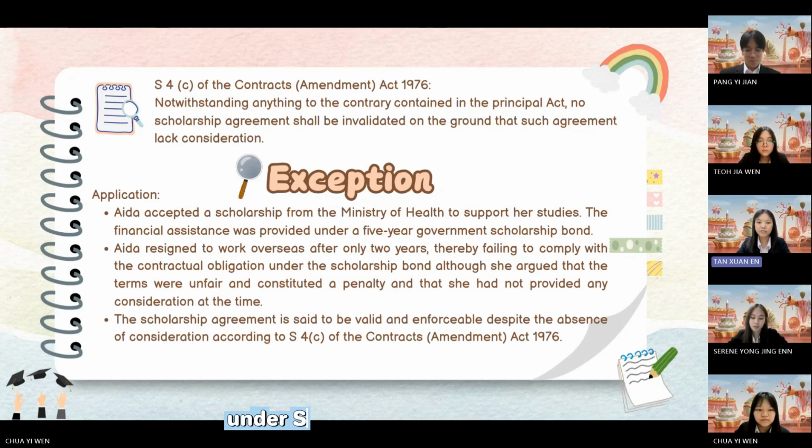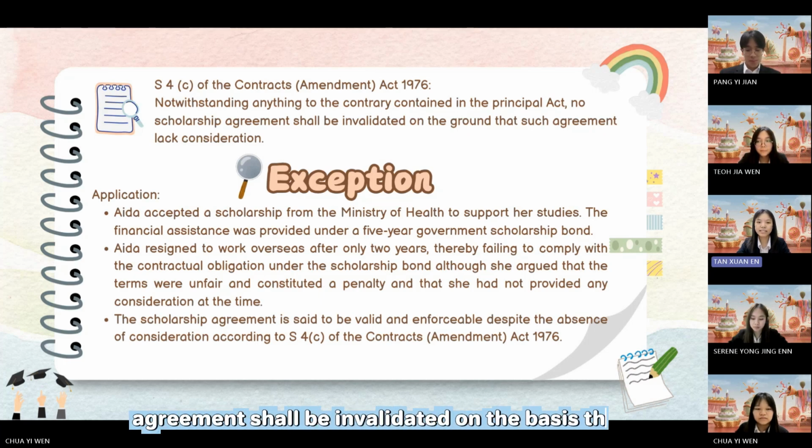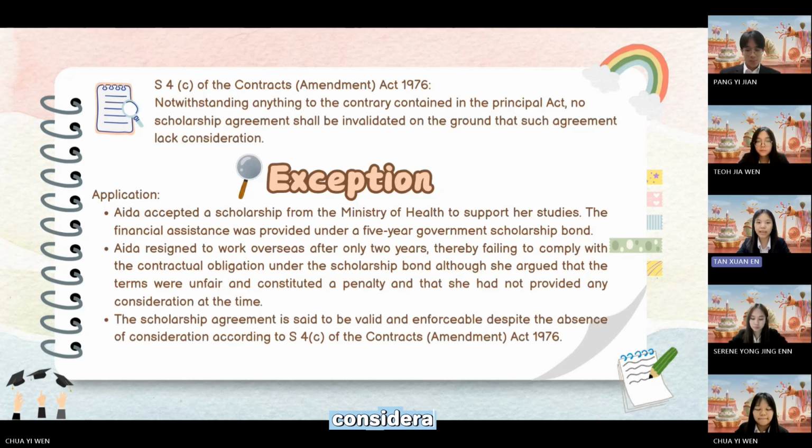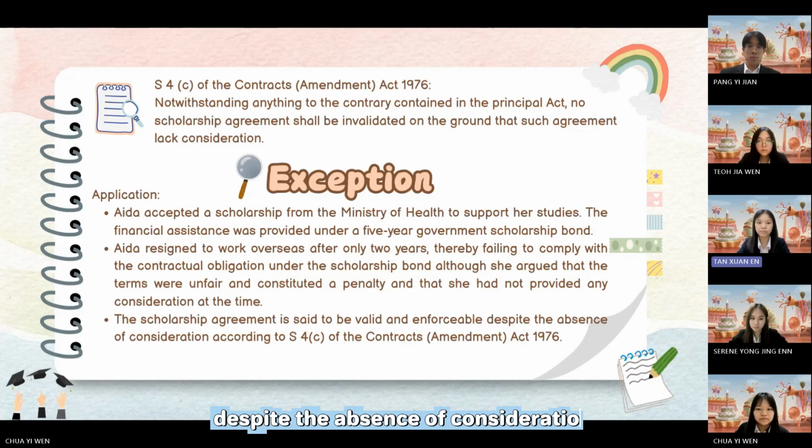Nevertheless, under Section 4, subsection C of the Contracts Amendment Act 1976, no scholarship agreement shall be invalidated on the basis that such agreement lacked consideration. Therefore, the scholarship agreement entered into between IDA and the Ministry of Health is said to be valid and enforceable despite the absence of consideration.